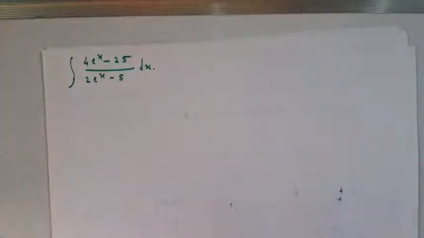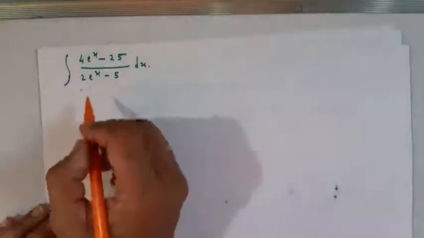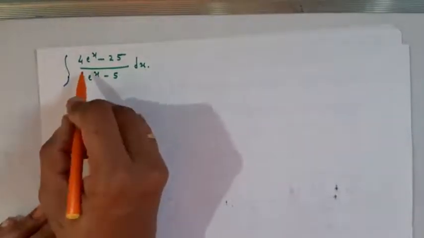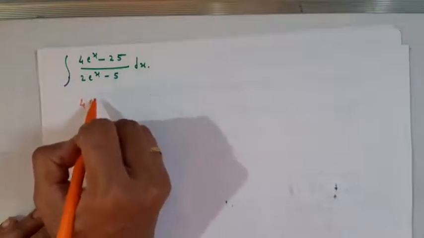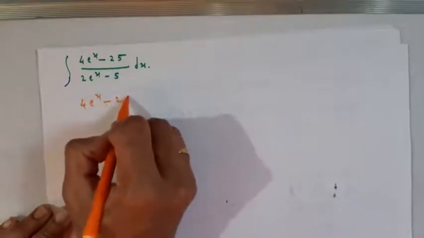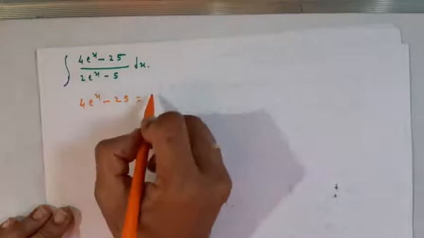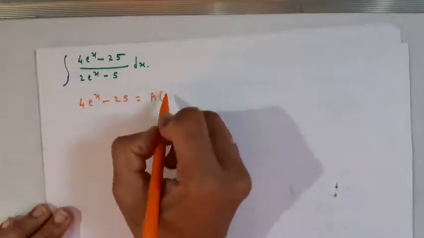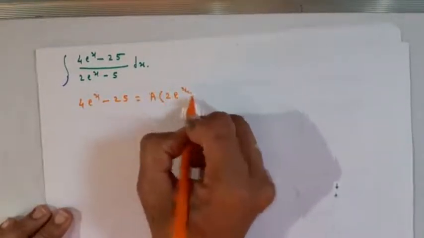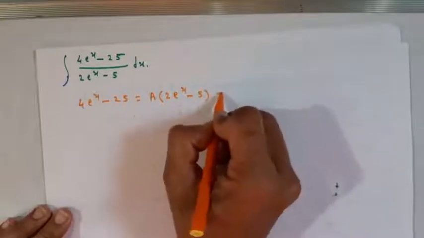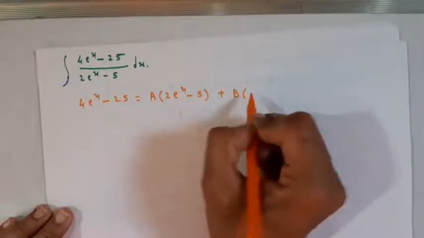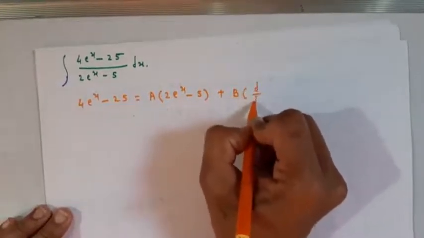So again, to solve this problem we have to convert the numerator, that is 4 e raised to x minus 25 equal to a into denominator, that is 2 e raised to x minus 5, plus b into derivative of denominator.